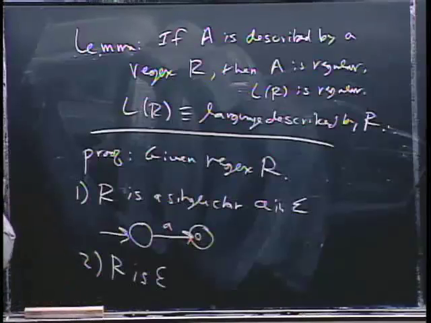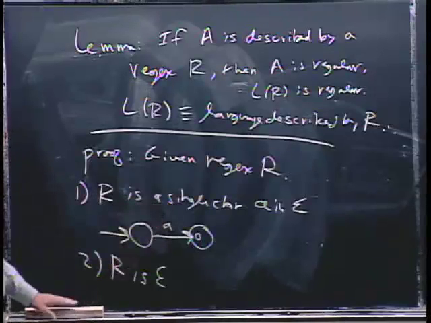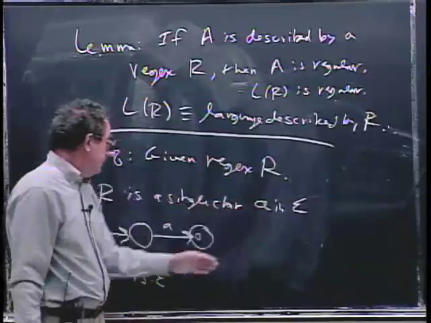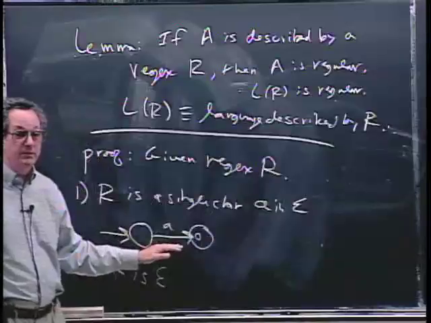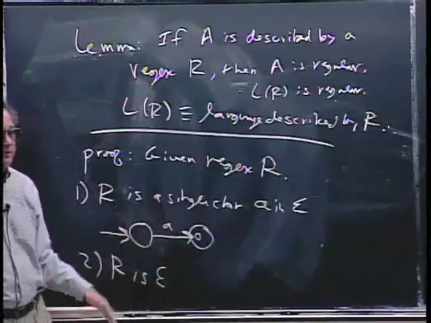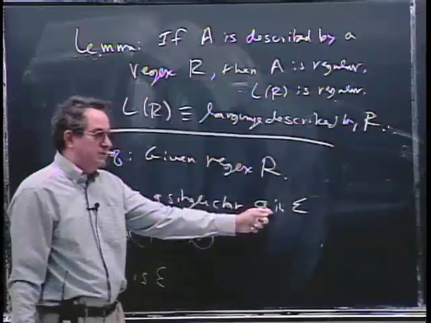So you'd be building up the NFA from the inside out, from the smallest part of the regular expression outwards. And this is for the individual small elements. When you just have a single character, there's an NFA for that. This NFA recognizes the same language that's described by the regular expression consisting just of a single character.